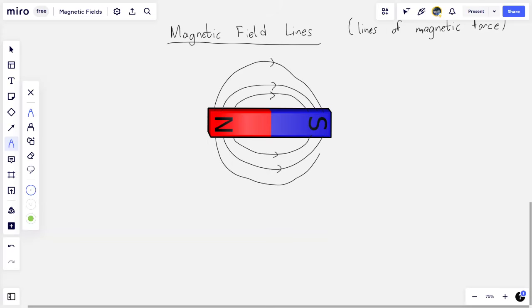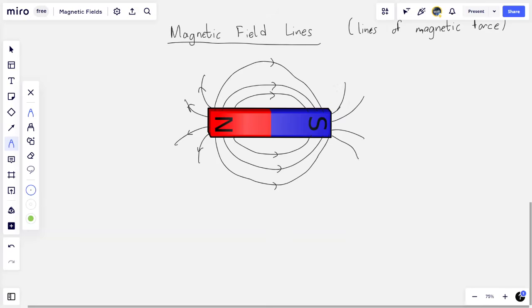And if you did this experiment with iron filings, you would have seen this pattern emerging, obviously without the arrows. You would have seen a very similar pattern if you place this magnet under a plain white piece of paper, and scatter the iron filings over the paper.